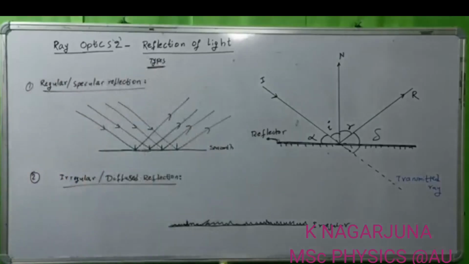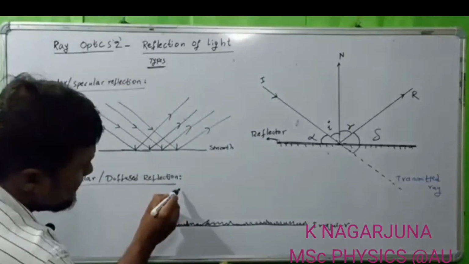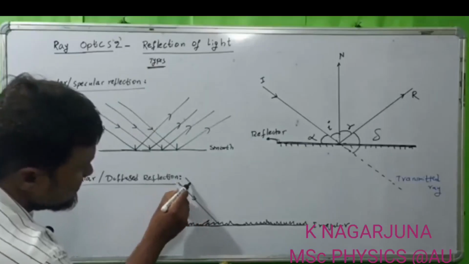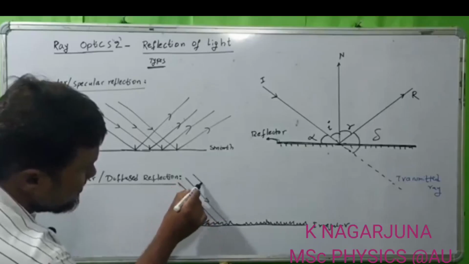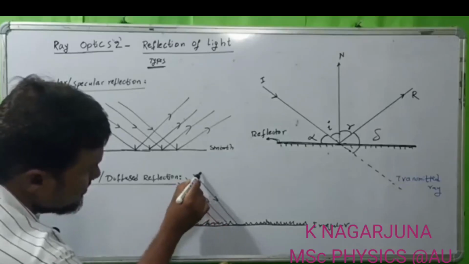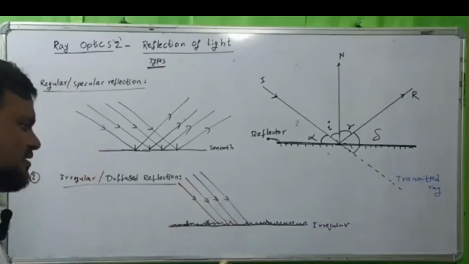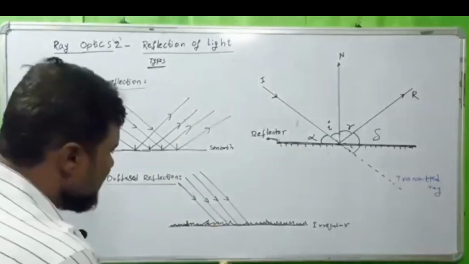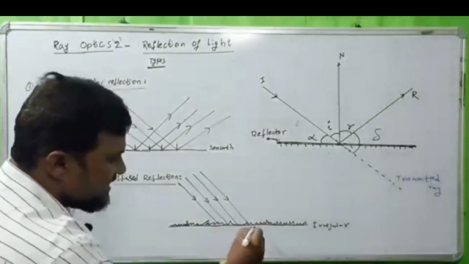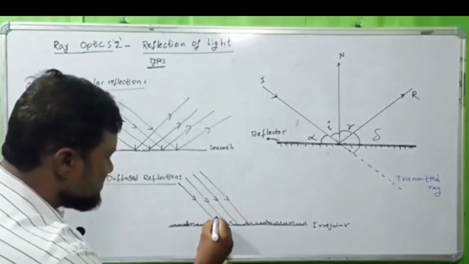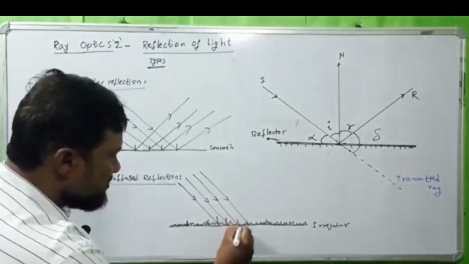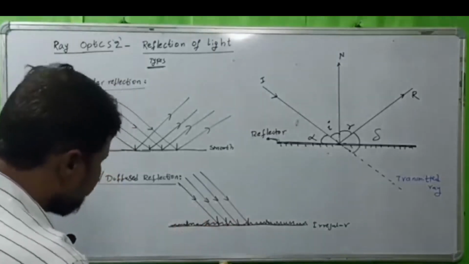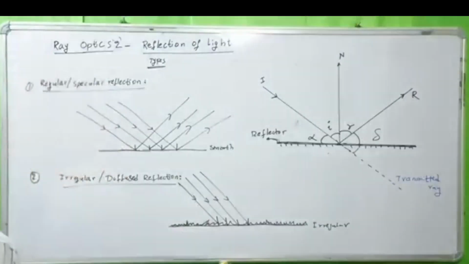Now imagine a parallel beam of light is incident on this surface. Light wants to follow laws of reflection, but as it is an irregular surface, if you observe from the normal, this light ray, I want to differentiate it.